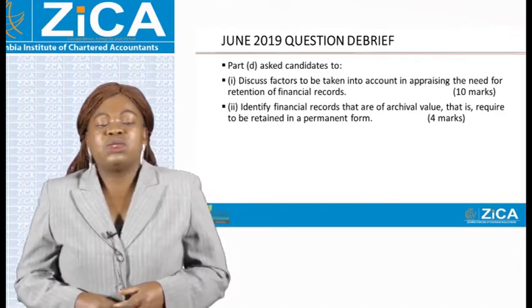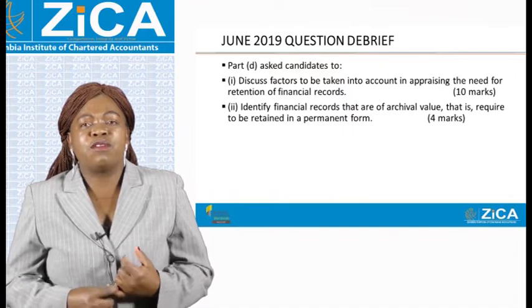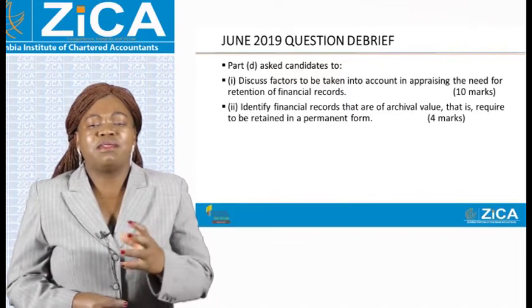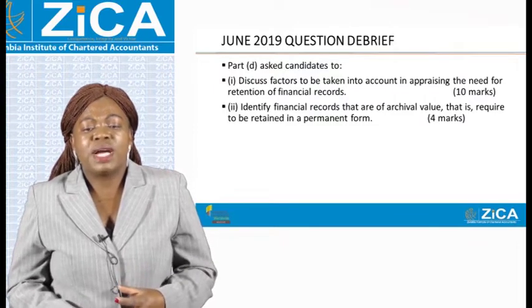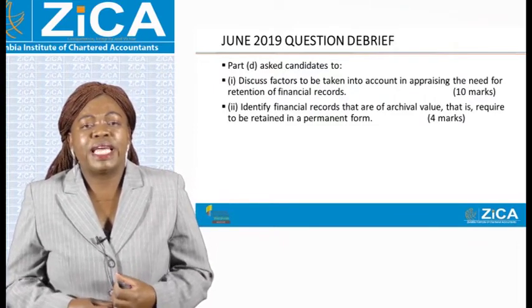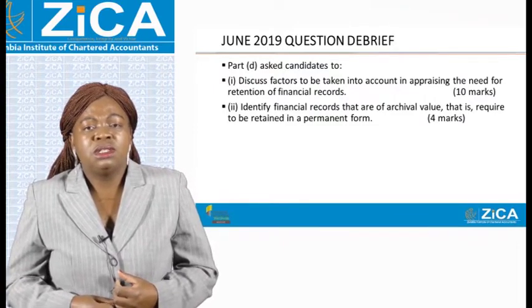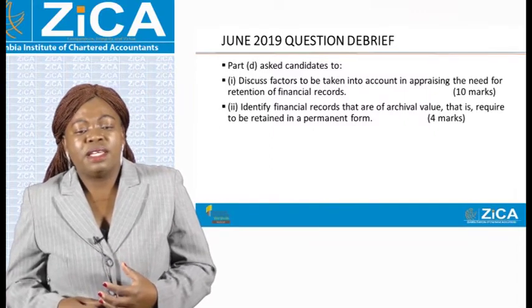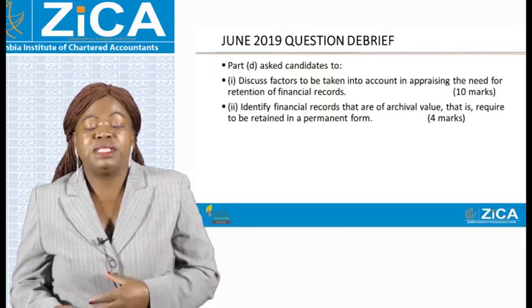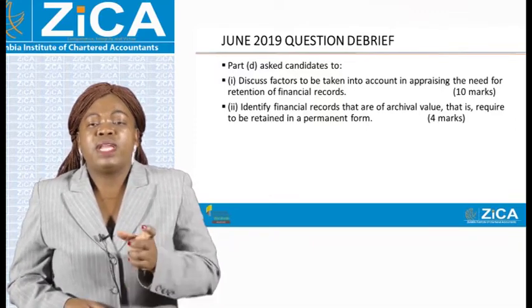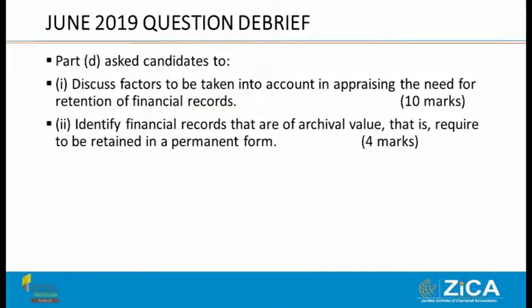So when you are told to discuss, first of all, you are discussing the factors. Start by identifying the factors. What are these factors that need to be taken into account in appraising why information needs to be retained for more than a particular period? When you have identified, provide explanation. Why is that a factor?